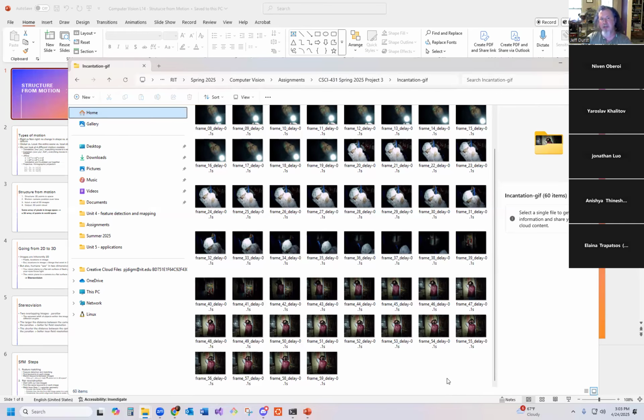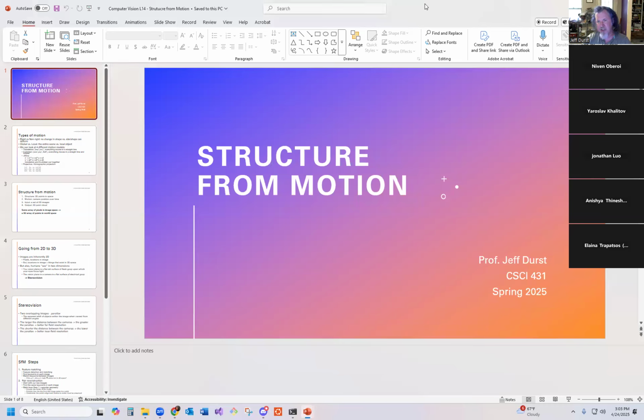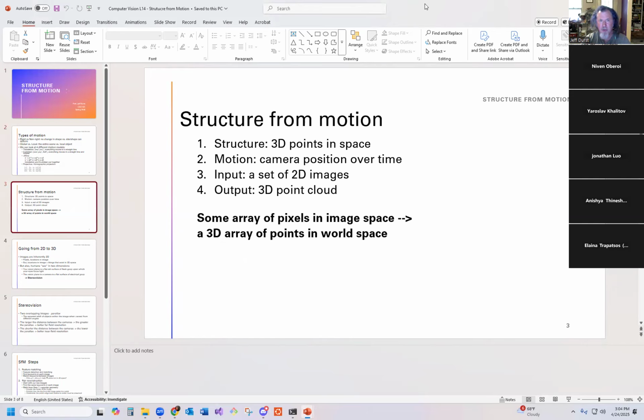So next, on the rung of applications as we continue our conversation about motion estimation, is structure from motion. So the idea is we want to find 3D geometry using 2D images, right? And so here, we talked about this. This is how we're moving. These are our motion models, okay? When we want to do structure from motion, we want to break this down so our structure is 3D points in space.